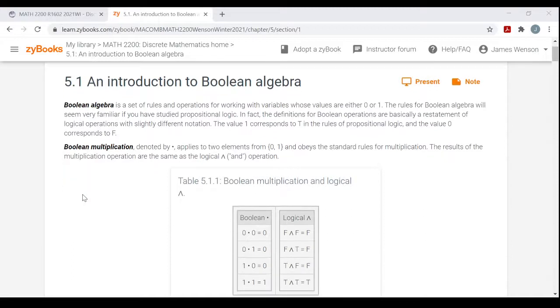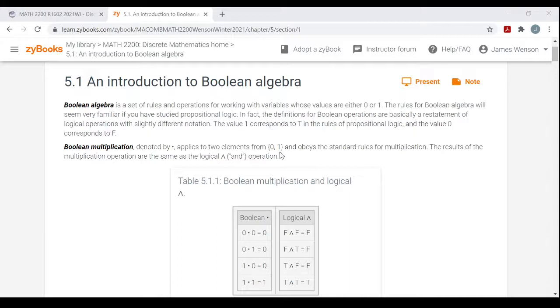Alright, so we have a few operations to go over. There's Boolean multiplication, Boolean addition, and complements, almost like Boolean negation. So Boolean multiplication, denoted by a little multiplication symbol, a little dot, applies to two elements from the set 0 and 1.